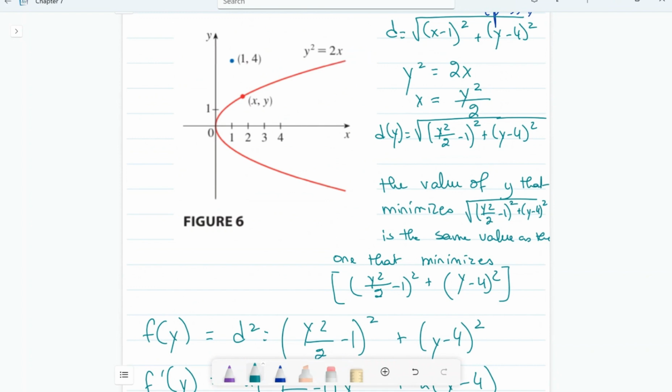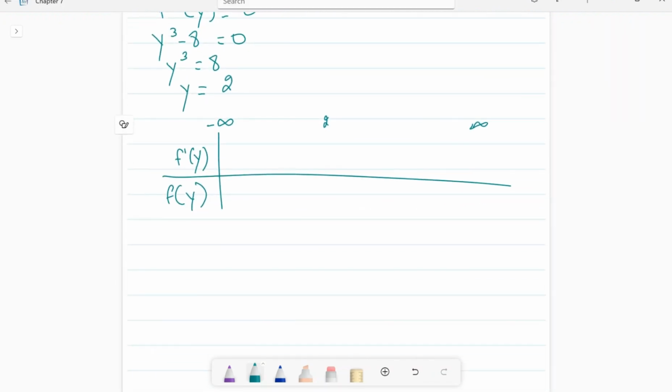So y can be anywhere on all the reals. However, if you happened to be working with x, so if you solved y in terms of x and plugged it in and worked with x instead of y, you would have been able to say that x is greater than or equal to 0. But y in this case belongs to all real numbers, and we are working with y. This is why I went from negative infinity up to infinity.